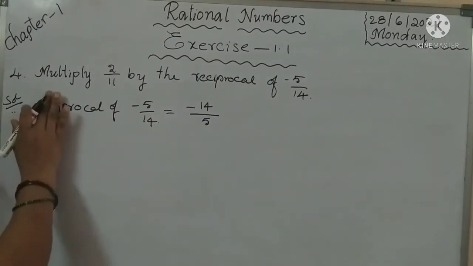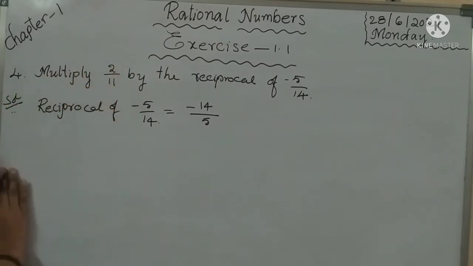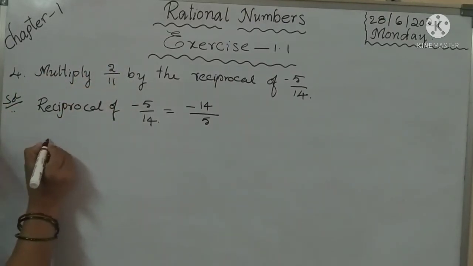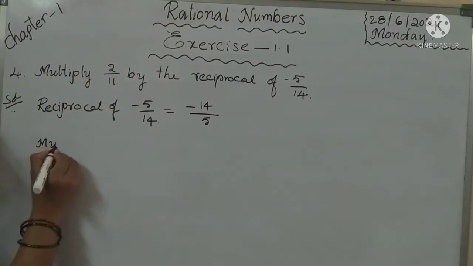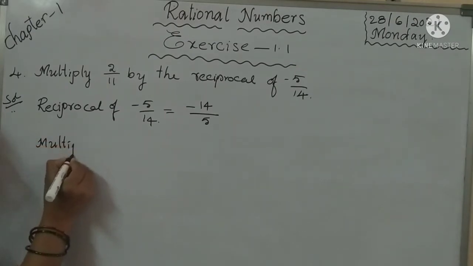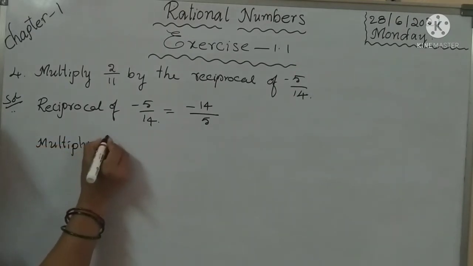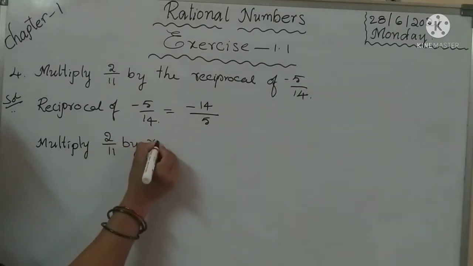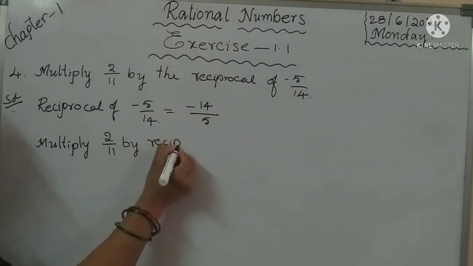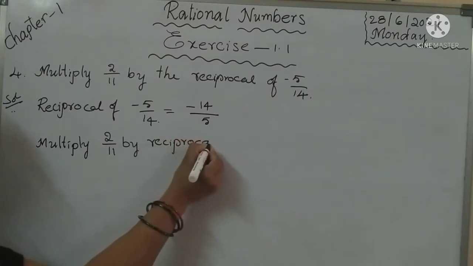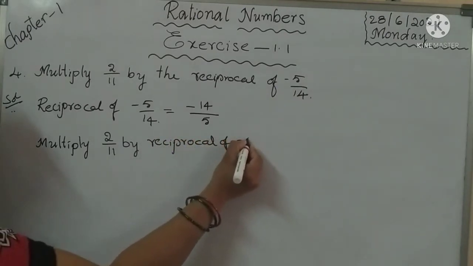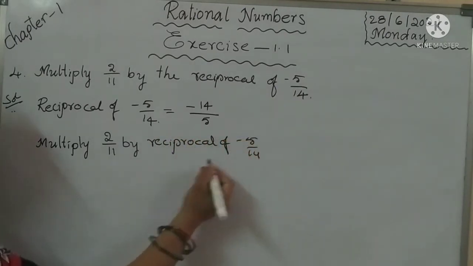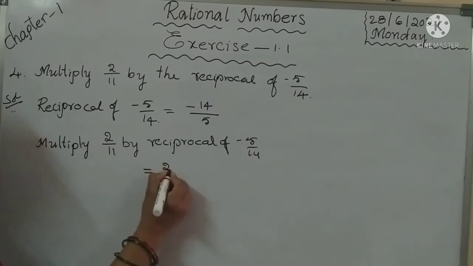Next here multiply by 2 by 11. So here write multiply 2 by 11 by the reciprocal of minus 5 by 14 is equal to, so multiply means product, into.